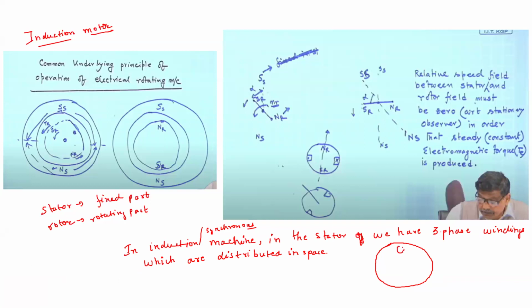Let me call it R and R dash only. So this is R dash, R. Let us say it is having a cross. This is having a dot. Then the Y phase, you have here.